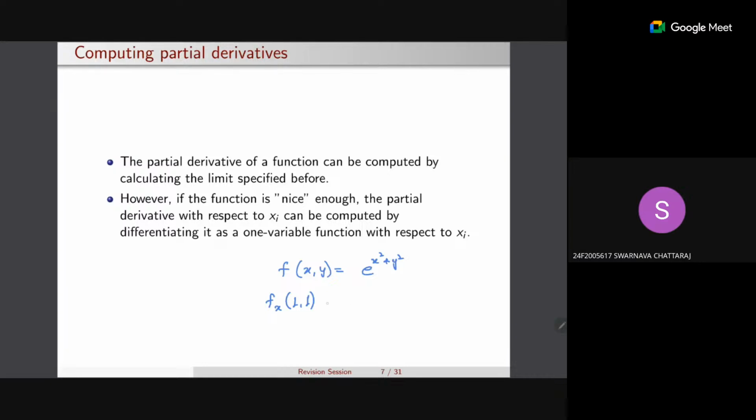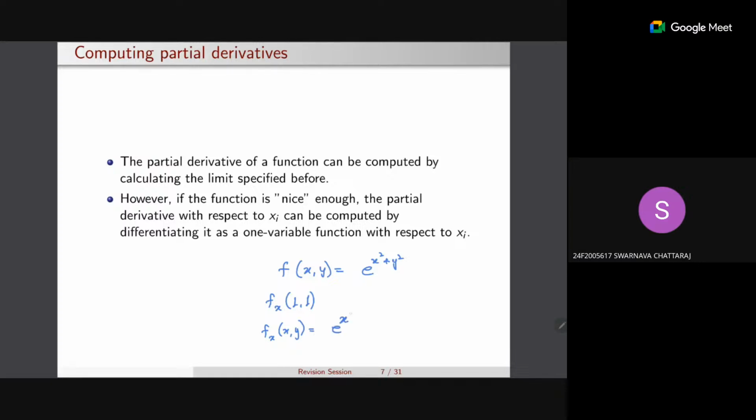But instead, fx at x, y is I differentiate this expression as if y is a constant. If y were a constant, say x squared plus 1, how would you differentiate with respect to x? This would just be e to the x squared plus 1 times 2x, right? So similarly, you think that y squared is a constant.